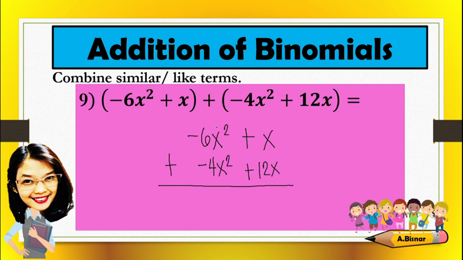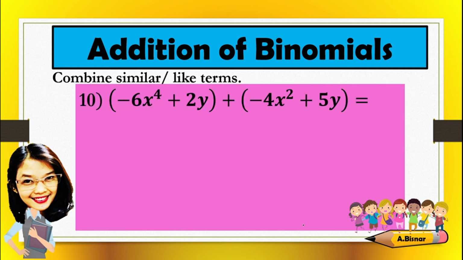Since they are both negative, then this will be negative 10x squared. Plus, in here, this means 1x, not 0x. Again, there is 1. And 1 plus 12 is 13. And therefore, our answer will be negative 10x squared plus 13x.